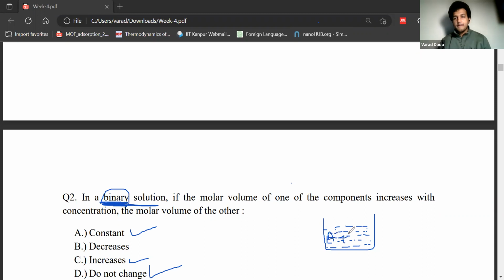A plus B and molar volume. So what is molar volume? It is molar volume or partial molar volume. Okay, I think it has to be partial molar volume, V1 bar.